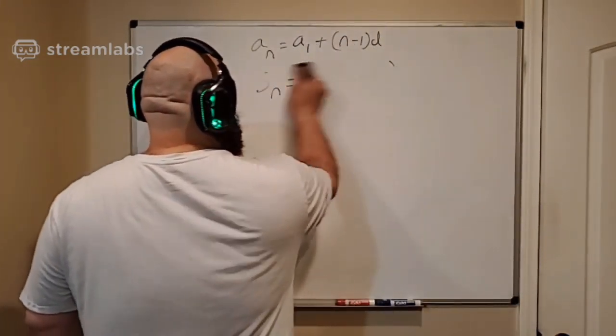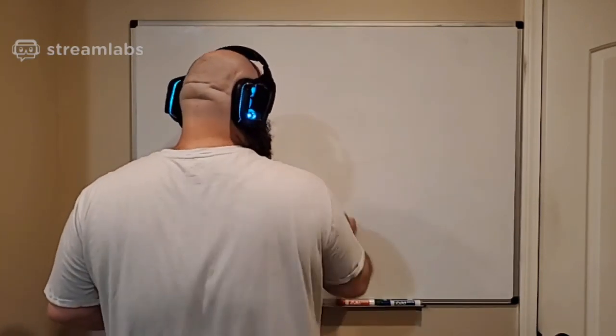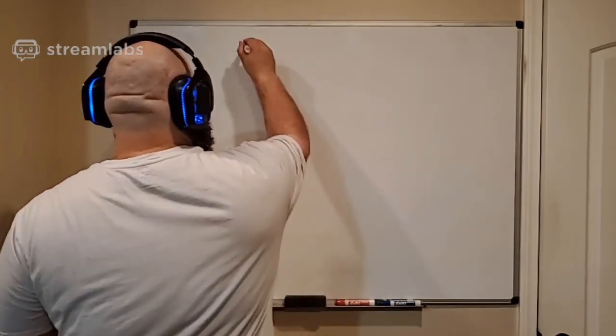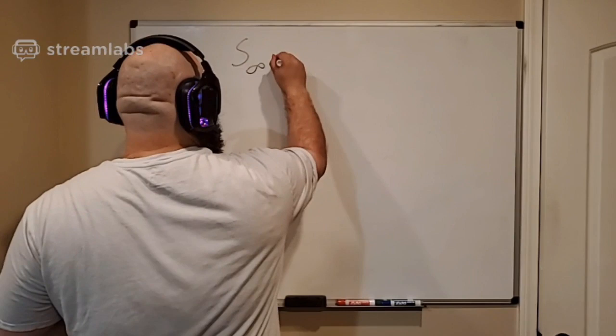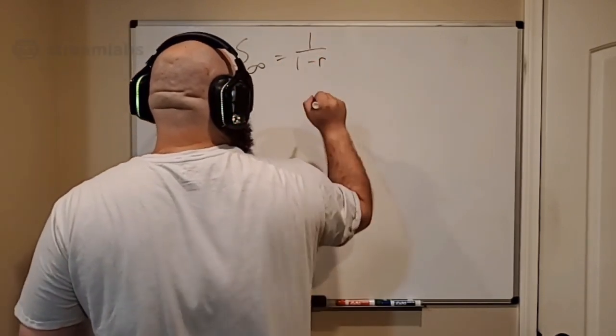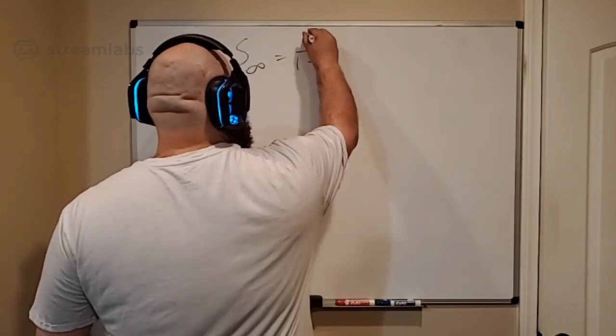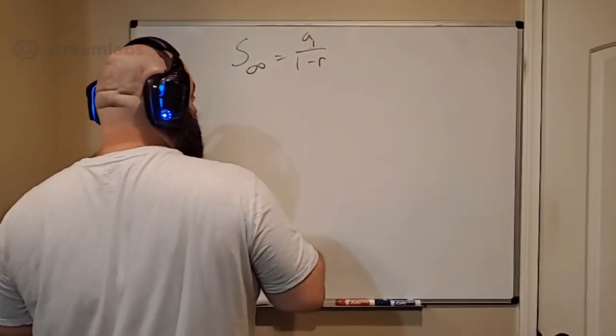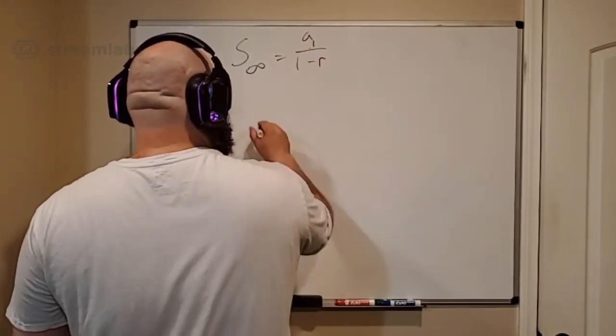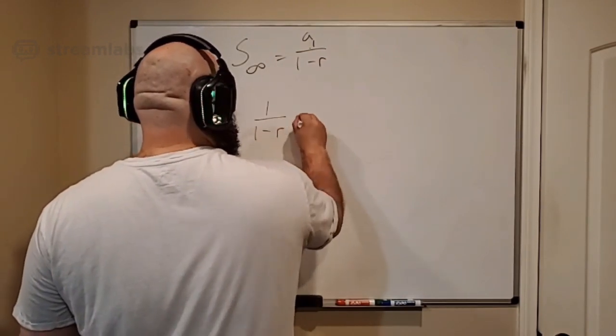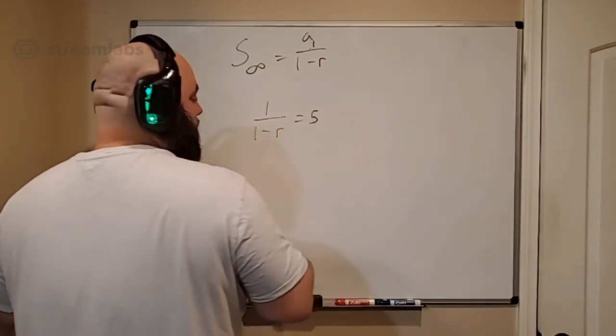So we know the sum to infinity is a1 over 1 minus r. We were given a1, which is 1, so 1 over 1 minus r is equal to 5. Just solve that equation for r because you do need r for the second part.